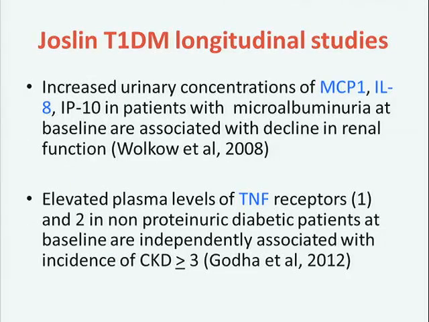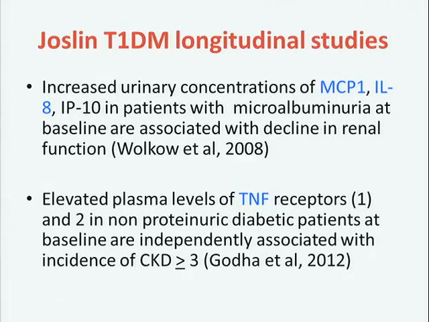And indeed, there are two longitudinal studies coming from the Joslin clinic, which are supportive in some ways that these other markers that we found significant on univariate may also be involved.